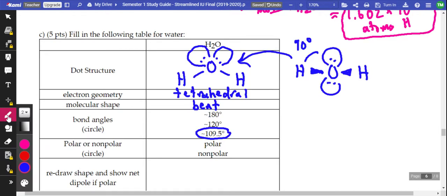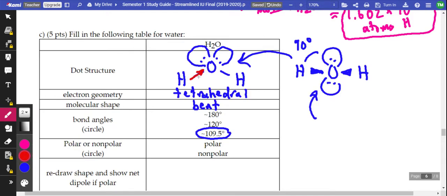Okay. Now, the electronegativity difference between oxygen and hydrogen is pretty significant. So these are polar bonds. But when we care about whether the molecule is polar or nonpolar, we look more for how the electron cloud is symmetrical or asymmetrical. In this case, because we have lone pairs of electrons, we end up with our electron cloud being more lopsided.